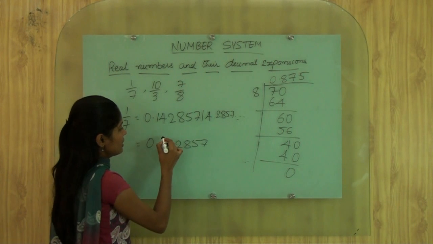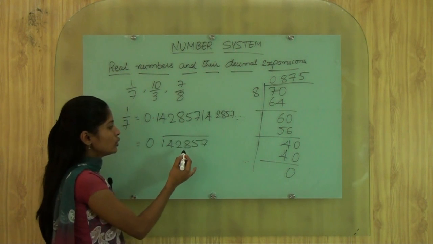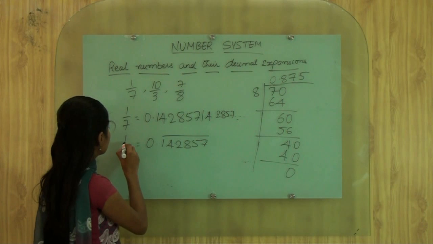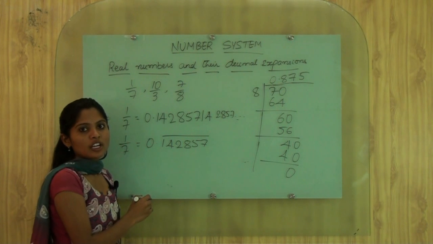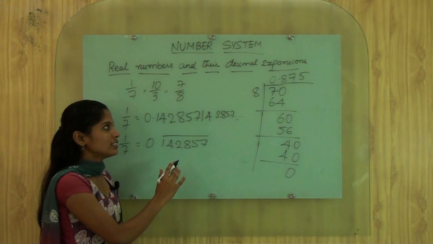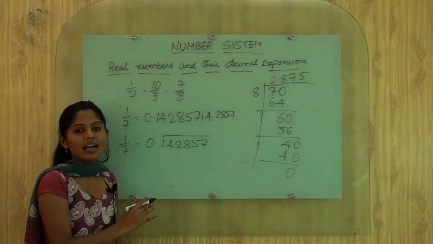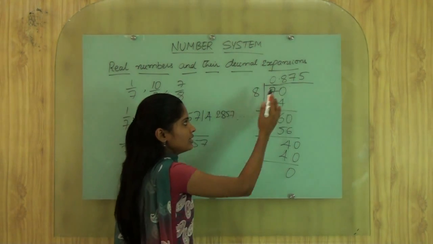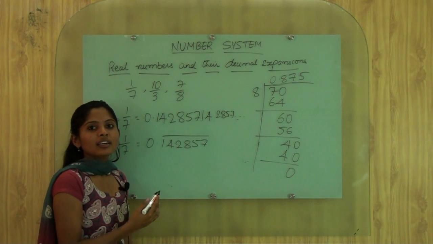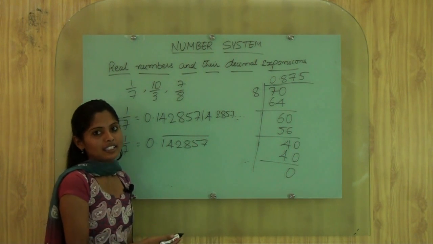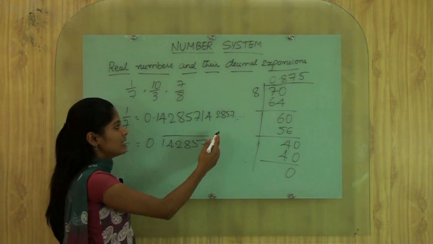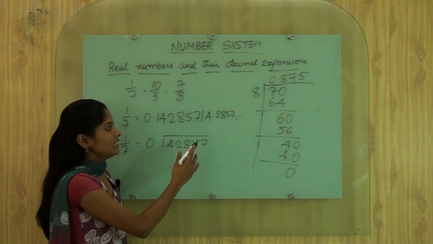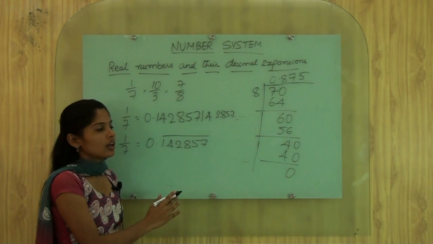You can write it as 0.142857 bar. This is how you represent this rational number. By all these examples, we can tell that rational numbers can be terminating, or non-terminating repeating or recurring. It doesn't terminate and it will repeat.